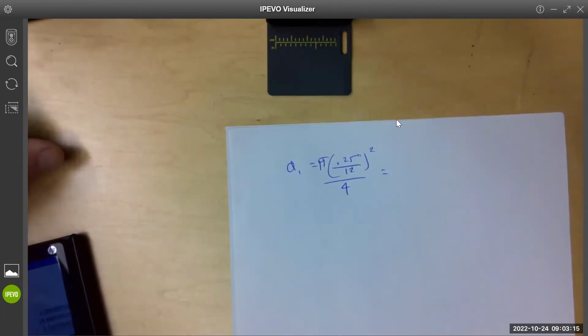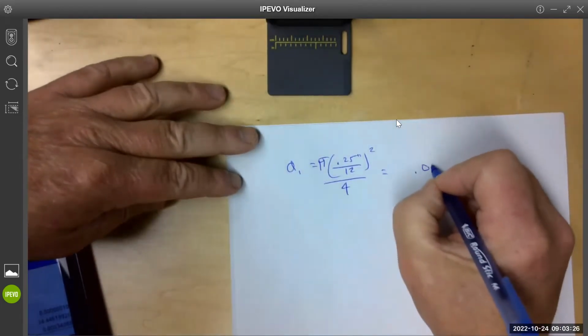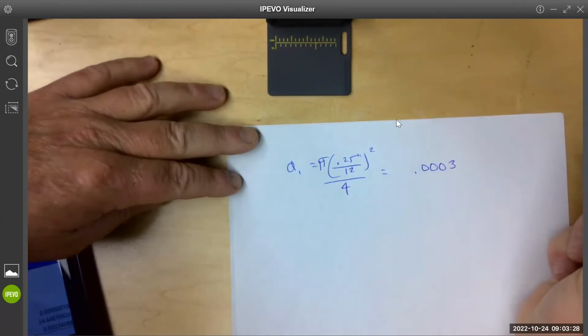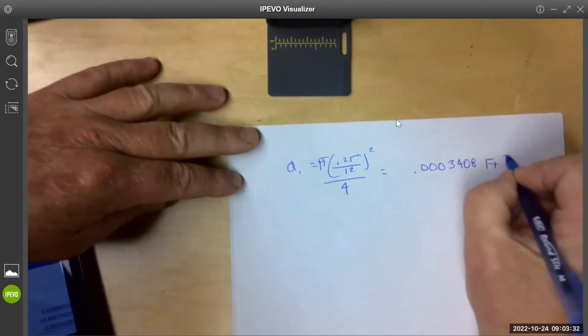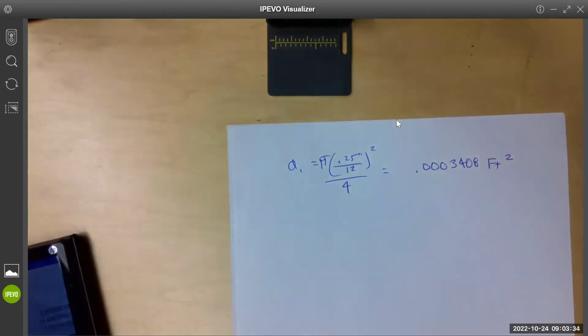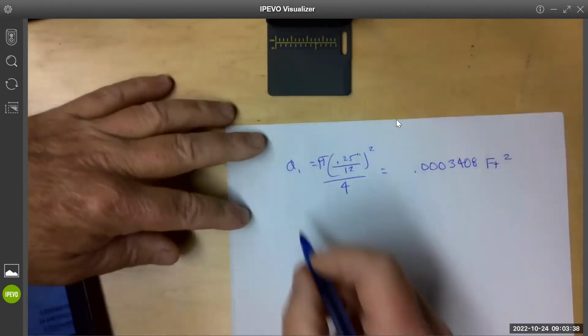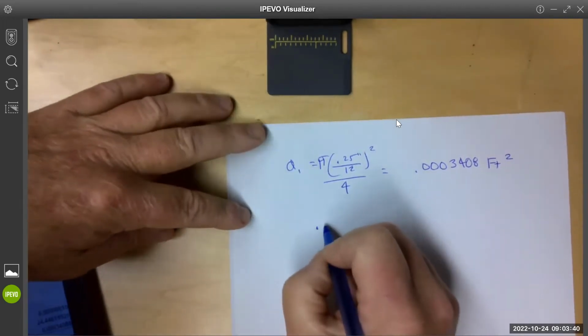Let's figure out why I got a different number. Yeah, so I'm still getting 0.0003408 feet squared. Okay, so now we need to say our flow rate was what? 0.4.